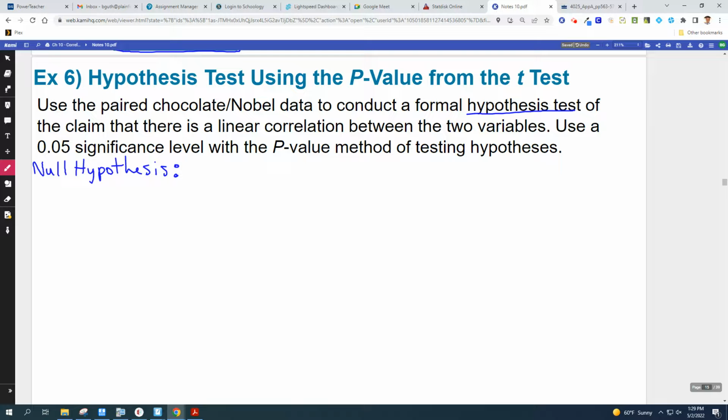Okay, so notice we're talking about the claim that there is a linear correlation between the two variables. The null hypothesis, we're going to assume there's not. Assume that rho equals 0, which is saying no correlation.